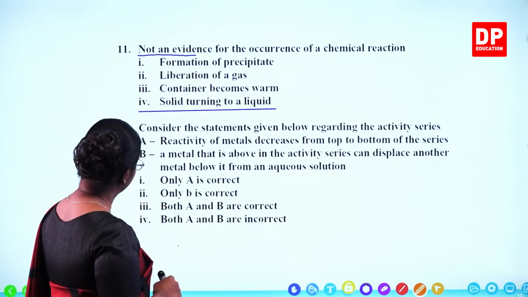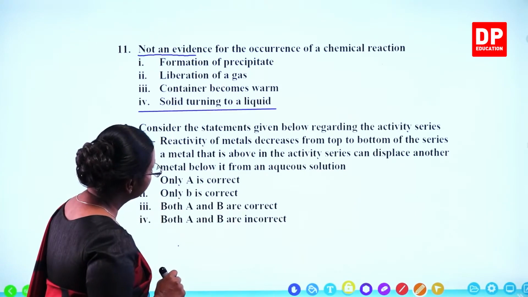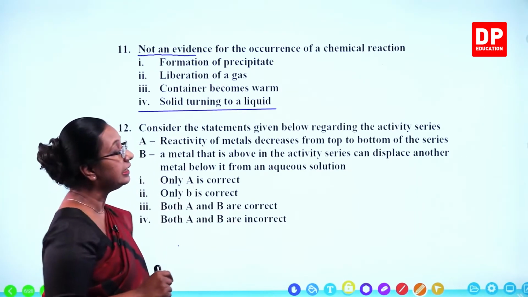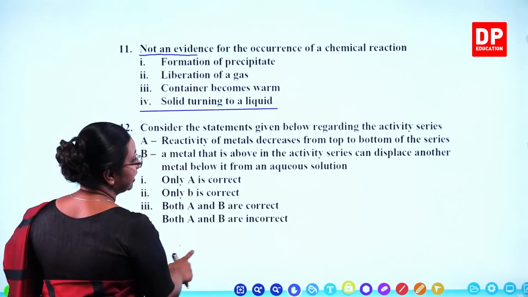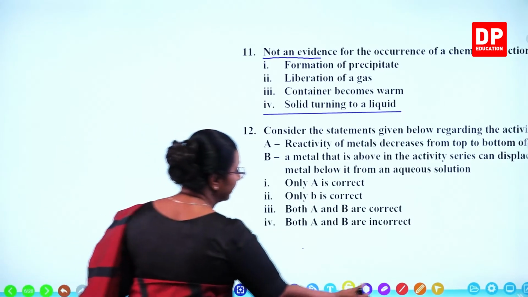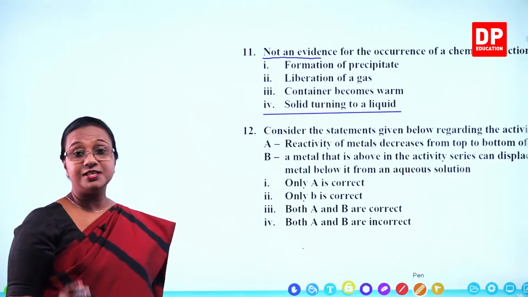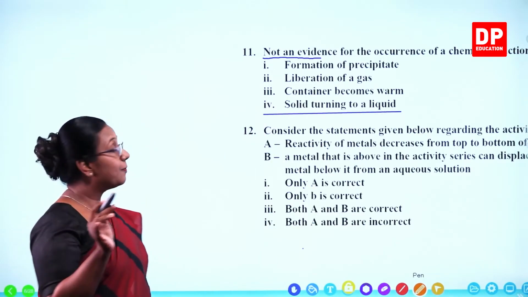Question number 12. Consider the statements given below regarding the activity series. So when they say activity series, we will just try to recall the elements of the activity series. I am sure you all can remember that. What is the order?